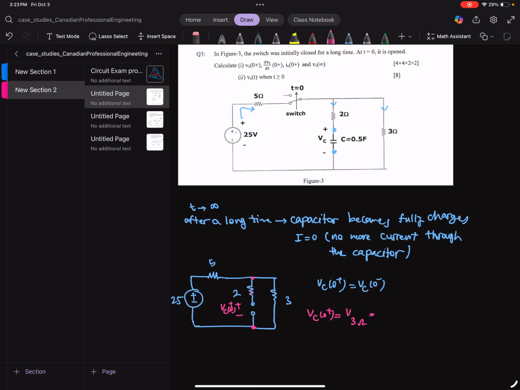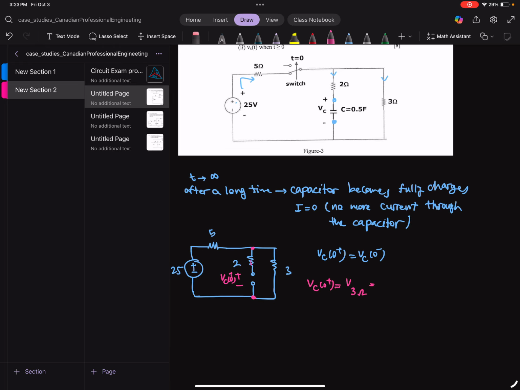And now, if I draw that again, simplifying that, this is our 5 ohm, and this is our VC plus and minus, because no current goes through the 2 ohm, because the capacitor forced it, and it's like it's not there.